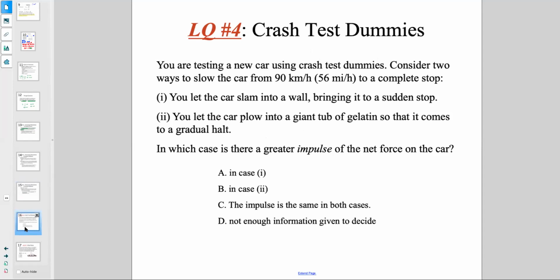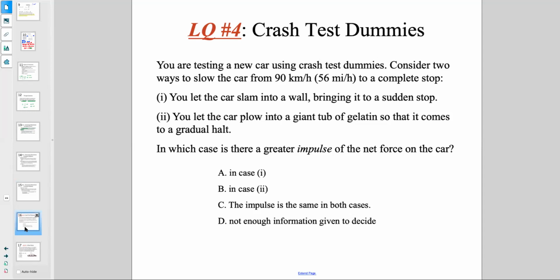So, crash test dummies. You are testing a new car using crash test dummies. Consider two ways to slow a car from 90 kilometers per hour, which is 56 miles per hour, to a complete stop, meaning zero velocity. The first method is you let the car slam into a wall, bringing it to a sudden stop.